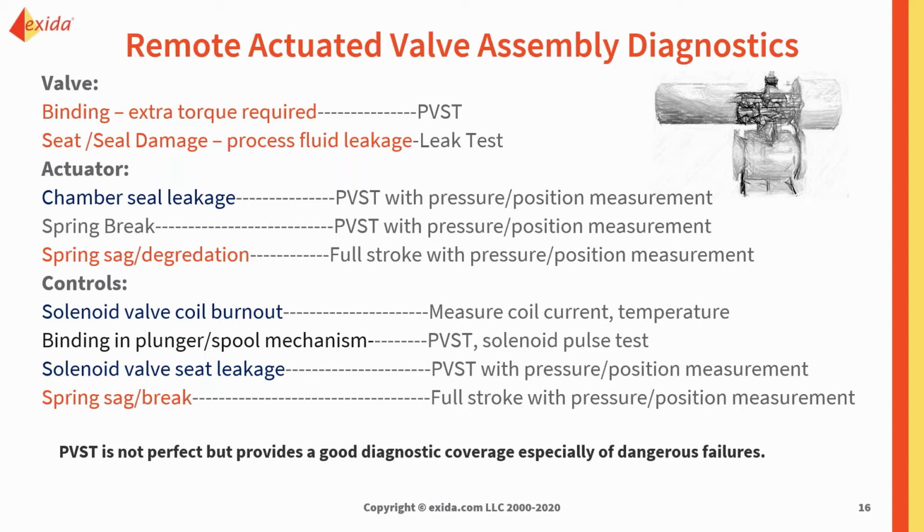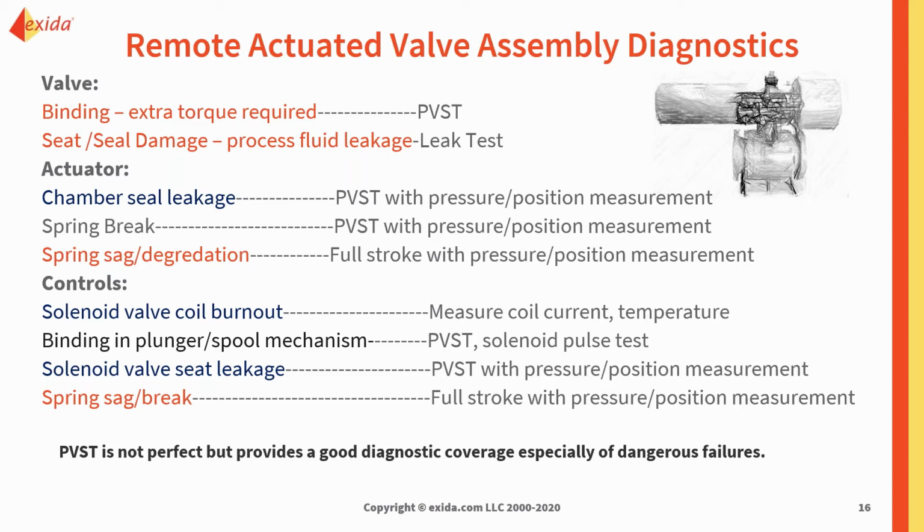We can also detect spring breakage with PVST and position pressure sensing, but spring sag can only really be detected with a full stroke test and pressure position measurement. When we look at the controls, solenoid valve coil burnout can be detected, not really with PVST.